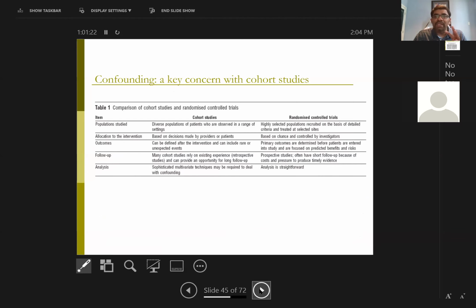What else is different between the group that was given hydroxychloroquine compared to the group that wasn't? As compared to a randomized trial on hydroxychloroquine, where the decision is not in the patient's hands or the doctor's hands, it's randomly assigned, right? So that's the critical difference. Confounding is the single biggest concern that separates a cohort study from a randomized controlled trial.